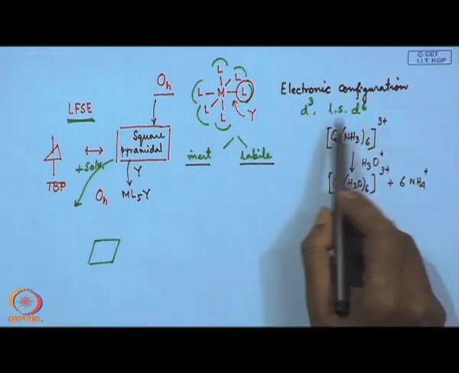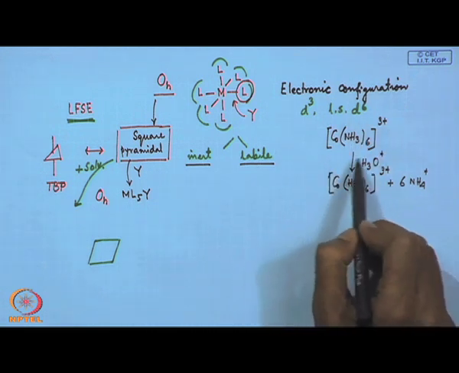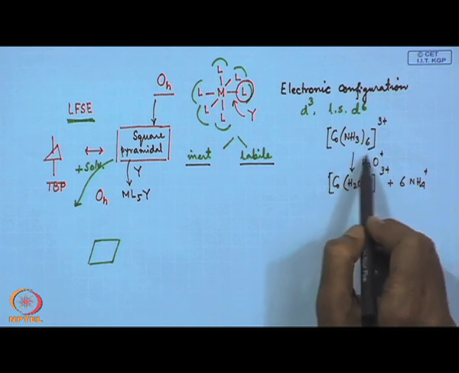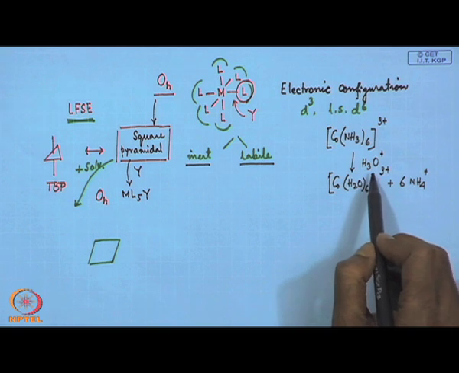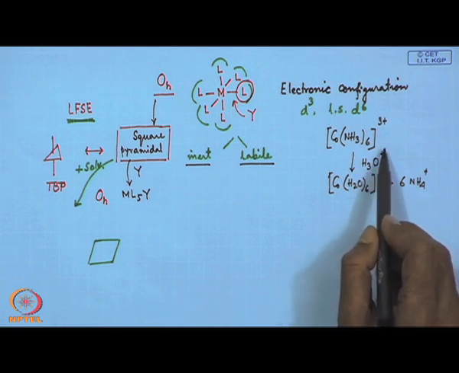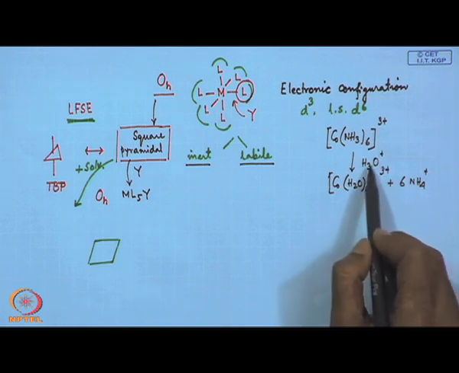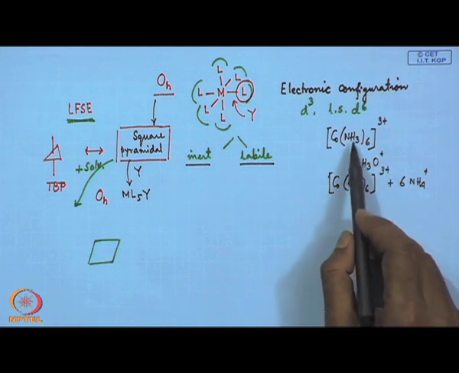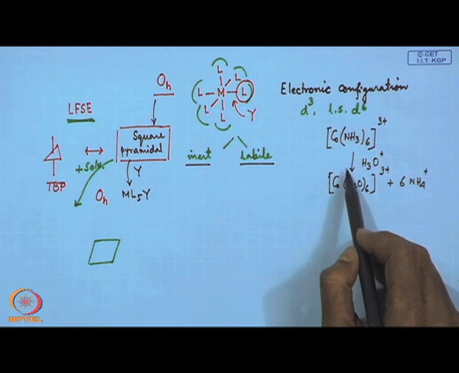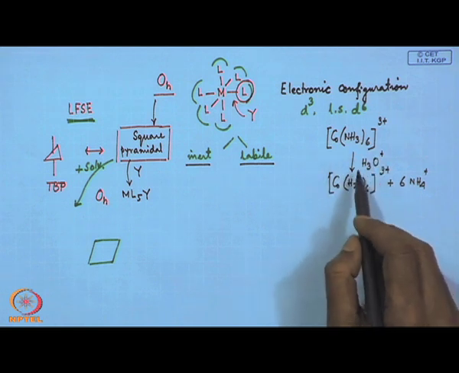So, it is a very substitutionally inert molecule, and that particular inert molecule goes for the corresponding reaction with the acid, or the protonated as the proton which is aquated, that means H3O+. So, the rate of this reaction is very slow and we get a corresponding inert species.